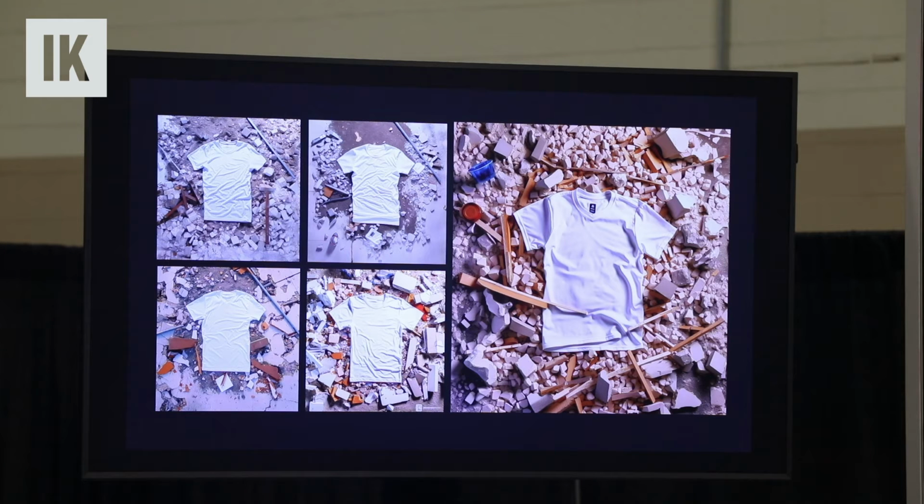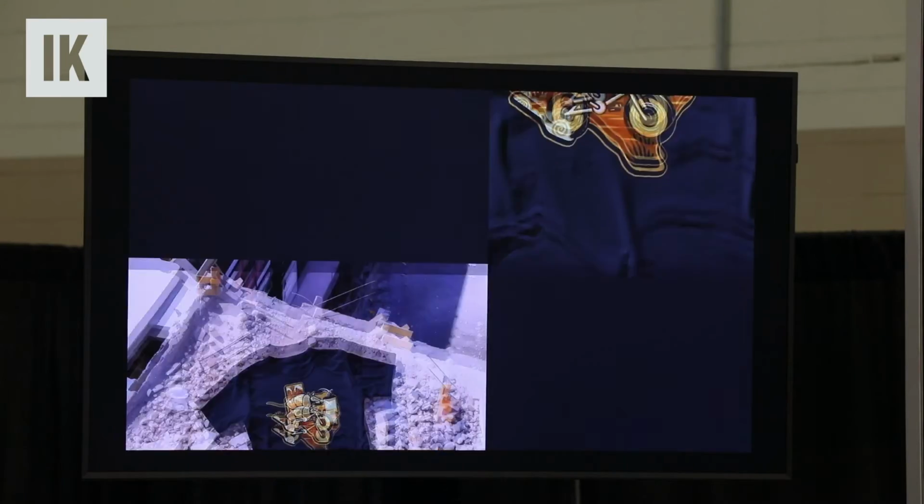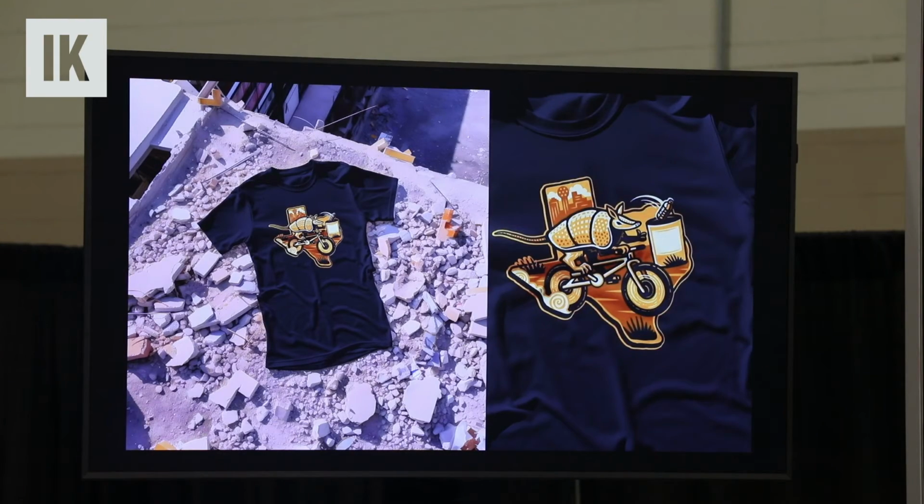So just getting creative with how, after the artwork is done, your shirt is going to be presented to people. This could easily go on Instagram, on stories, and nobody would ever question if you took the photo or not. And you don't have to climb to the top of a building with a demolished city to get yourself to the point where you can show off your product before you even have it.